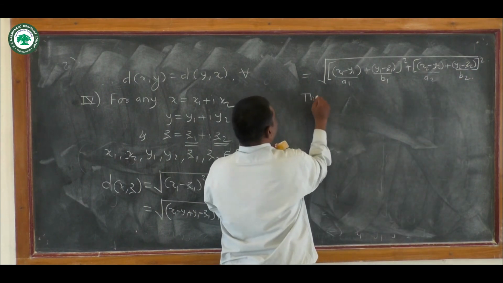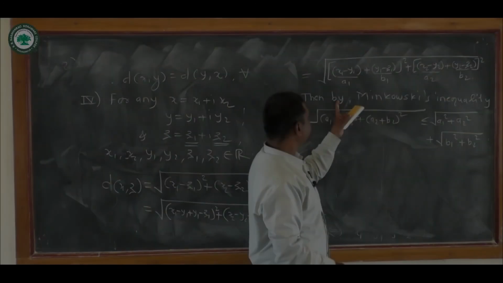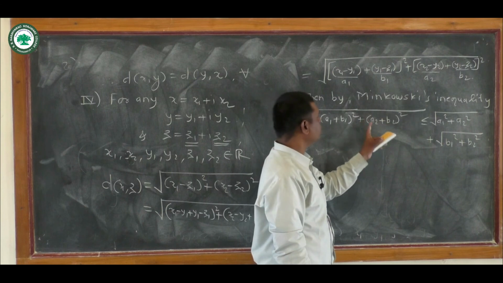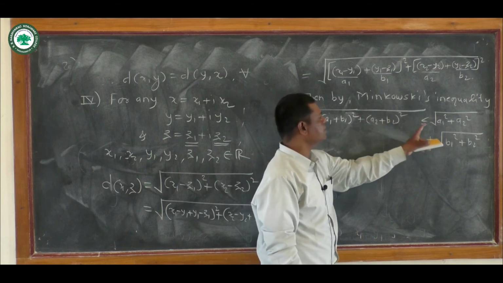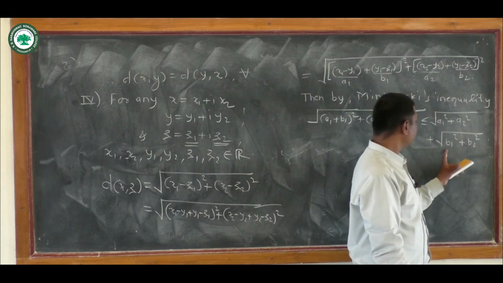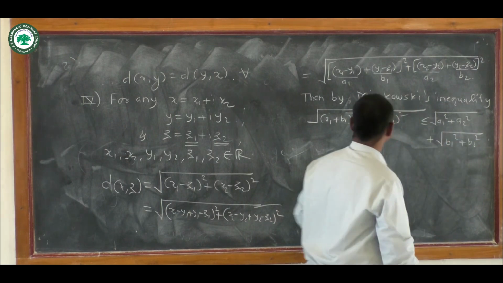Then by Minkowski's inequality, square root of (a1 plus b1) square plus (a2 plus b2) square is always less than or equal to square root of a1 square plus a2 square plus square root of b1 square plus b2 square.